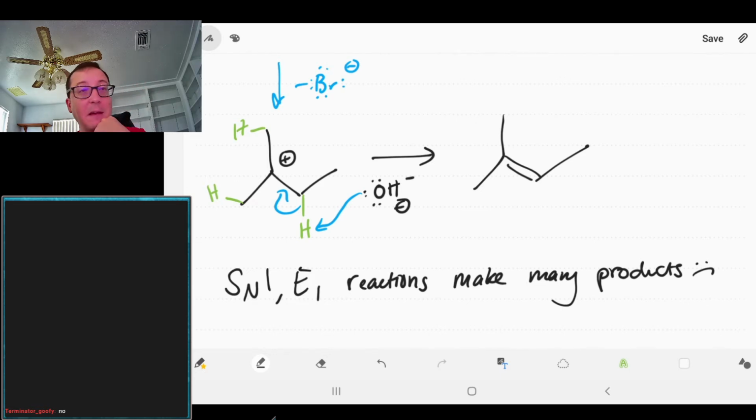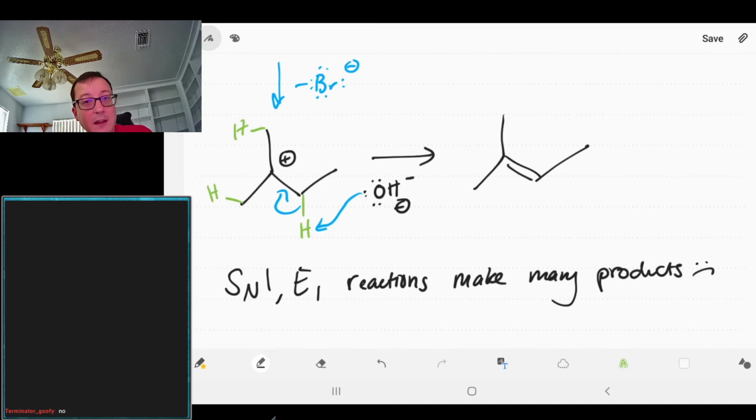We often have the same reagents and the same substrates with them, and it's really tough to decide which one's going to happen. So oftentimes you get all of them happening, and unfortunately there's no way to get around that.